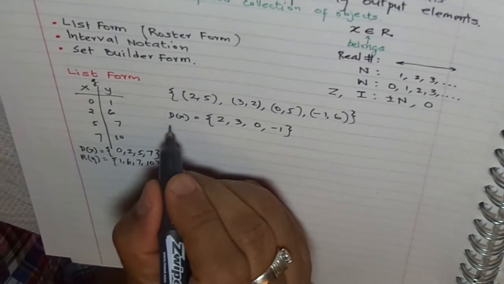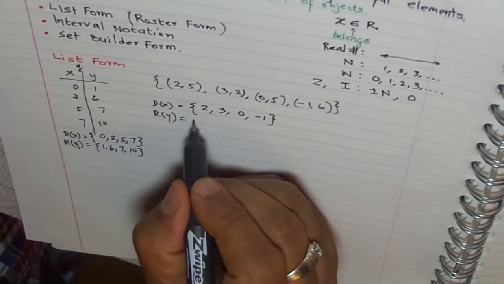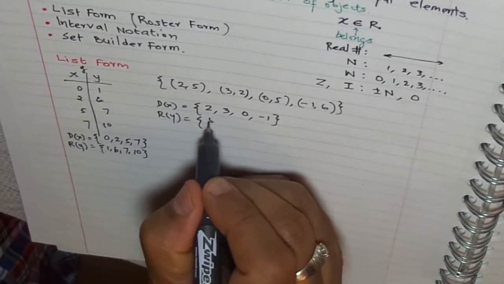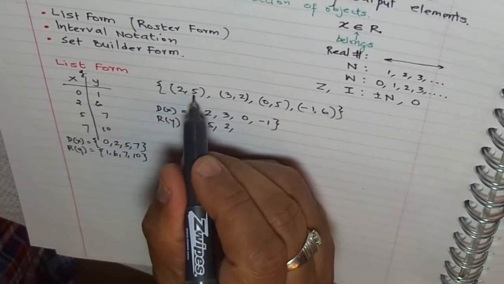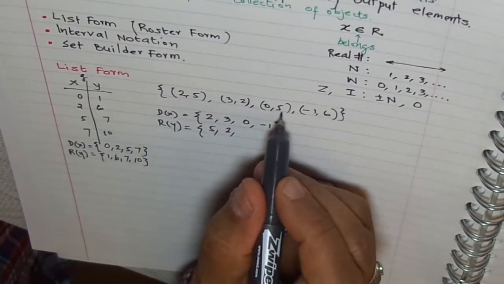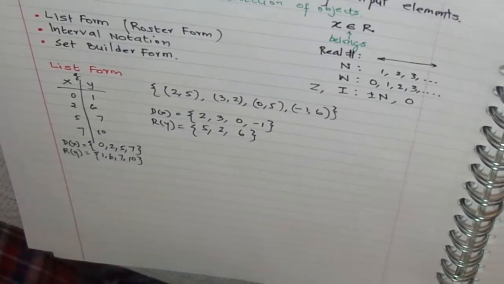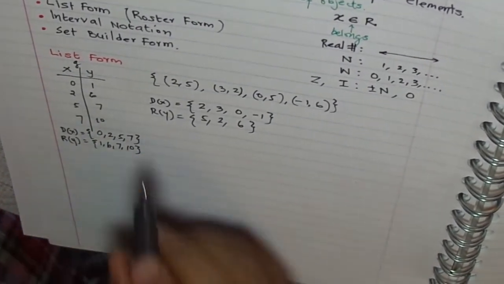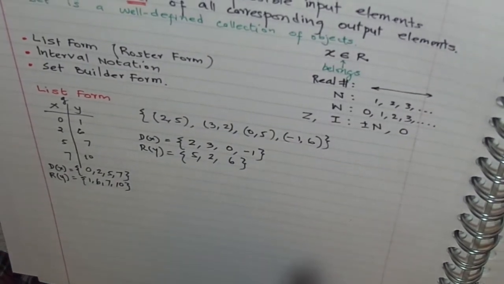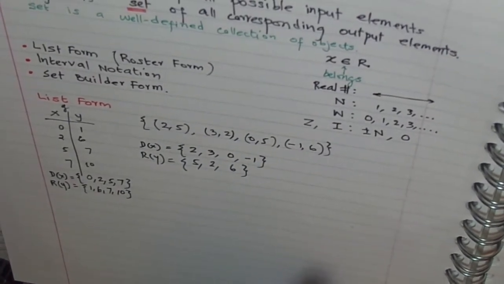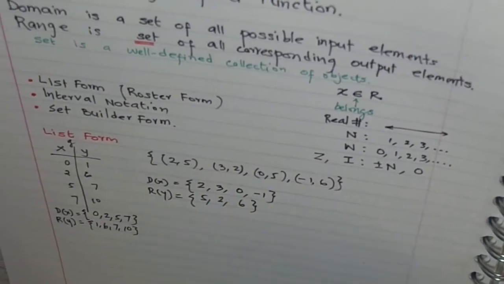And the range is the y values. We'll list them 5, 2, 5, 5 we have already written, so we will not repeat it, and just 6. Of course, it is better when you make this kind of a list to put them in order. It is advisable, correct? Now here is a mapping diagram.